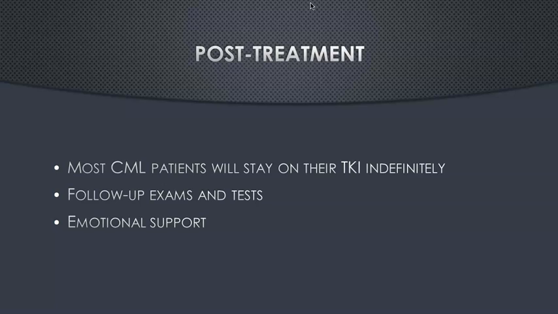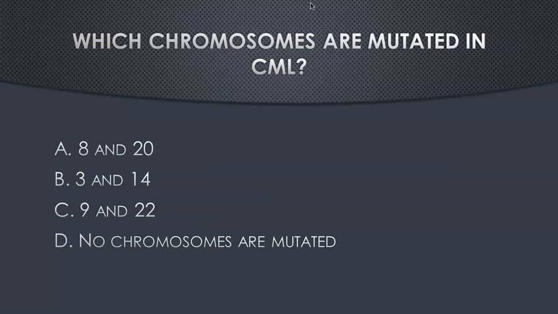And it's also important to make sure that you have emotional support and are taking care of your mental health, because the stress of going through something like a cancer diagnosis is going to take a huge toll on you as well.